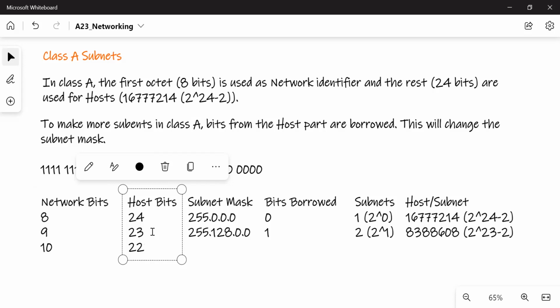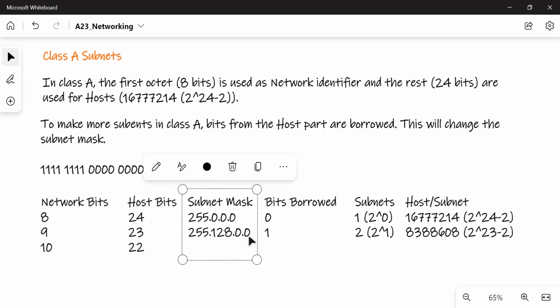Then we have 255, then the next 8 bits are 11000000. So that is 128 plus 64, that is 192.0.0.